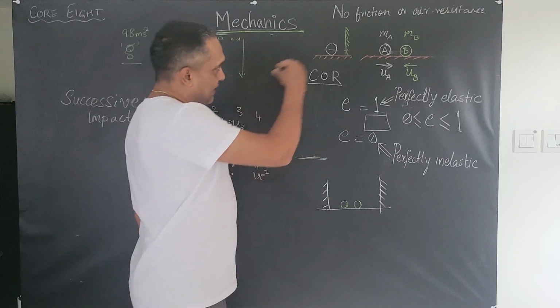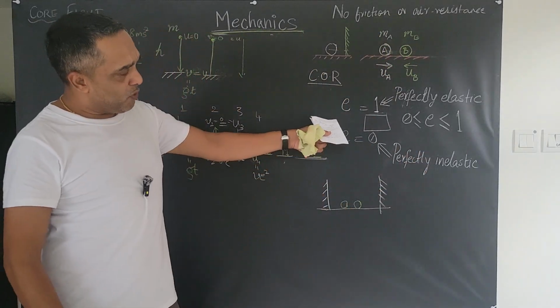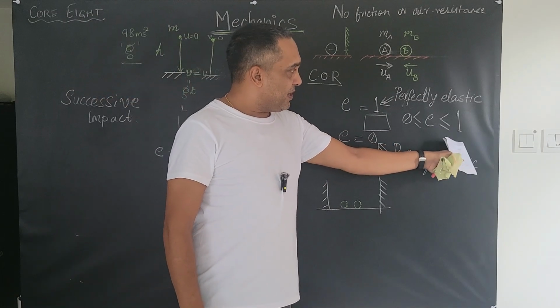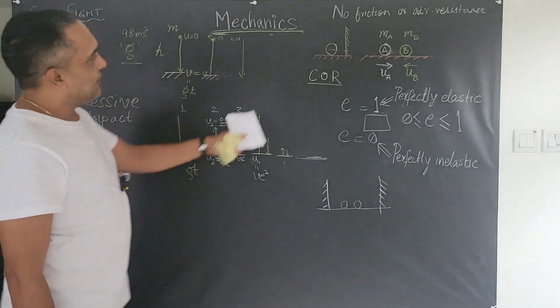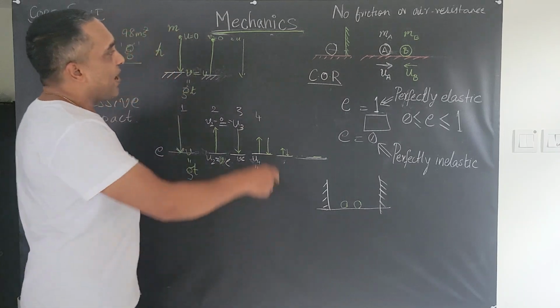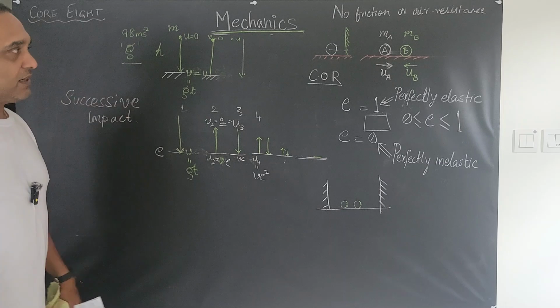So understand how this is done, collisions that happen. The most important thing, coefficient of restitution carries a value from 1 at perfectly elastic, 0 perfectly inelastic. Understand that the collision can be between two particles or a particle and a surface, but when it is a surface, it is always a normal collision, right?